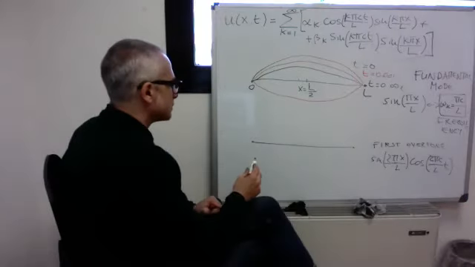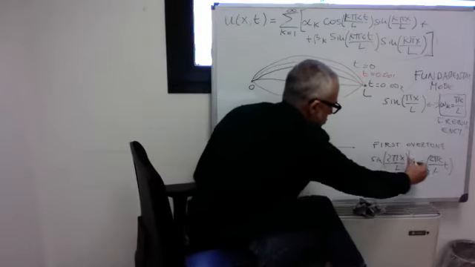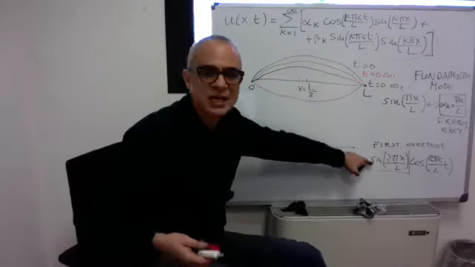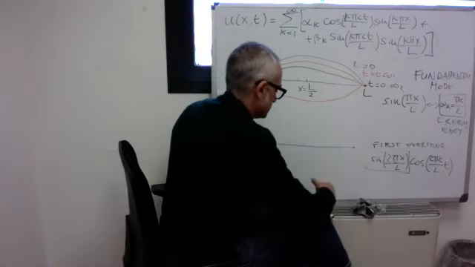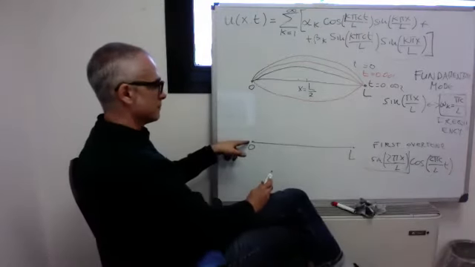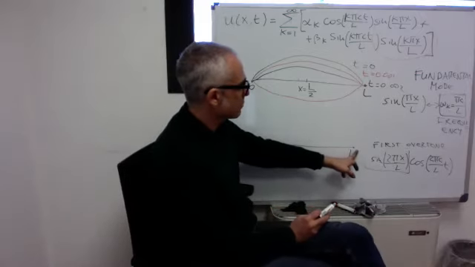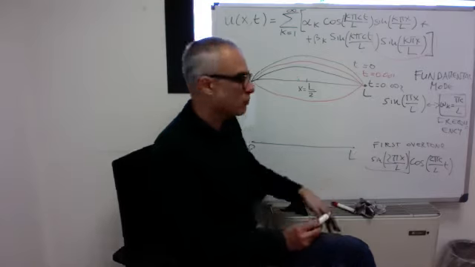Let us first draw the spatial eigenfunction, the normal mode. The sine of 0 is obviously 0. Now here, if I replace x with L, I get the sine of 2 pi, which is 0.